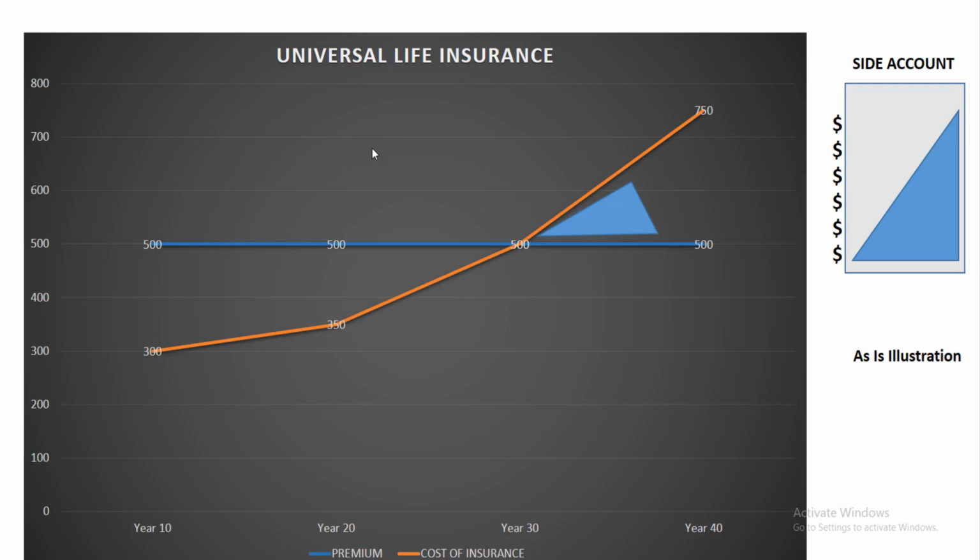And you can even take out of this side account, you can borrow from it, you can use it depending on the need that you have at a particular time. But most importantly, you are using it for later stages in your life.